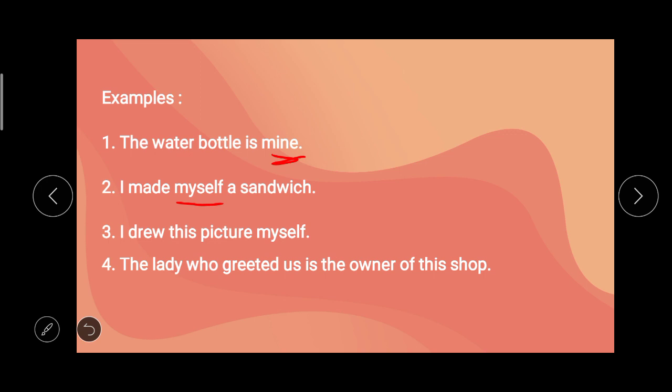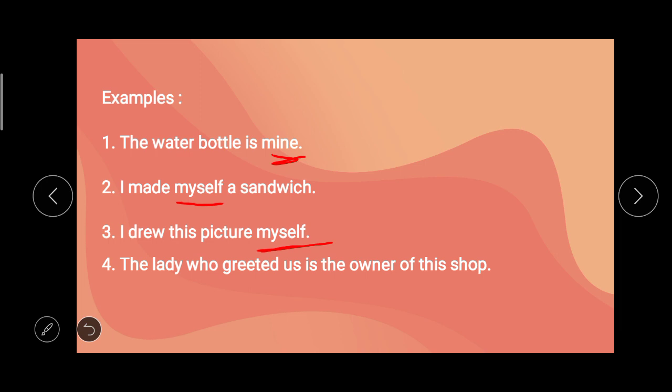Then number 3, I drew this picture myself. Here again we have used myself, but students, you can see that here the pronoun myself is used to emphasize or stress the action of the subject.